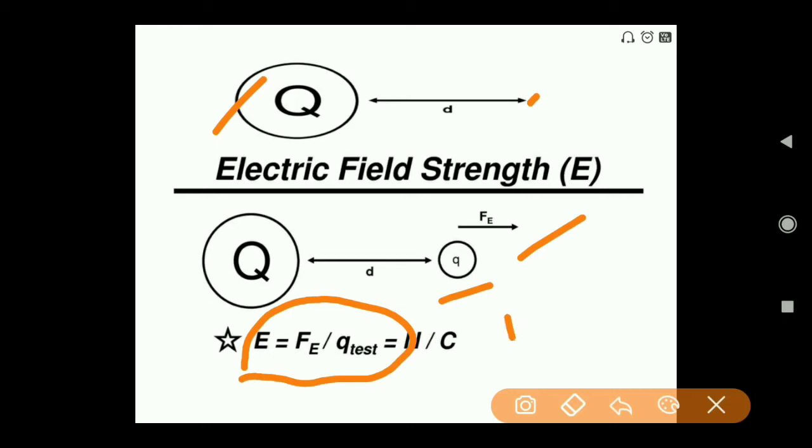So basically E is equal to Fe, because the value of the Q test is 1. So when you put the value of Q test as 1, then E is equal to Fe. So it is similar. The electric field intensity at that point is the force experienced by the test charge.